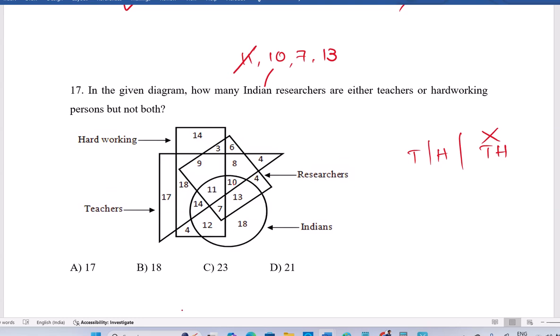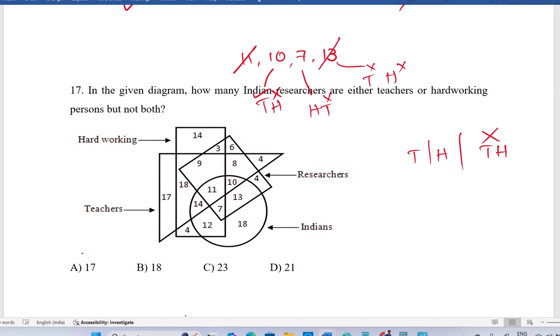10 is in teacher, 10 is not hardworking. Fine. So 10 is teacher, not hardworking. One among that is fine. What about 7? 7 is hardworking, not teacher. Fine. What about 13? 13 is not teacher, not hardworking. We don't want.